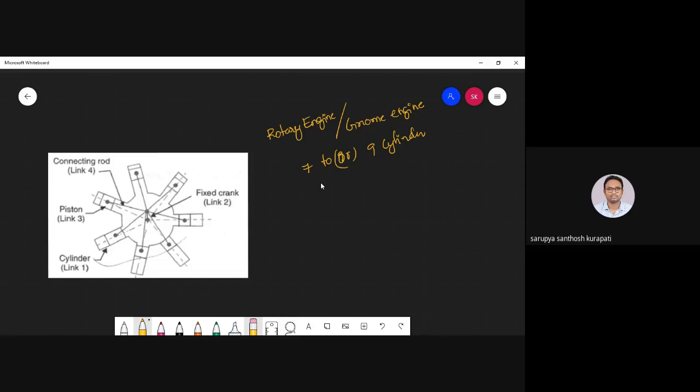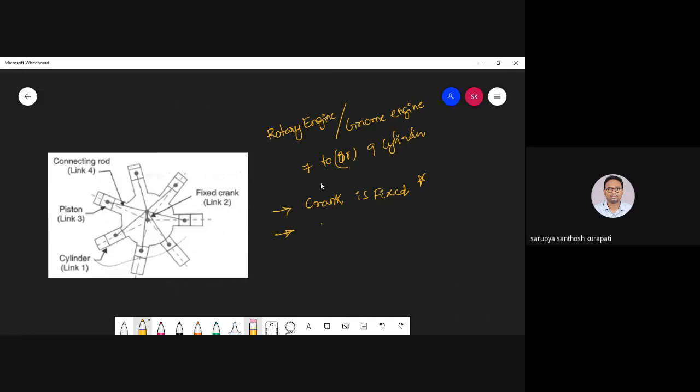Okay, here which link is fixed? Crank. Crank is the shortest link. This is the important point. Crank is fixed. And also here you need to remember one thing. To all cylinders, how many cylinders are there? Total 7 or 9 cylinders will be there.